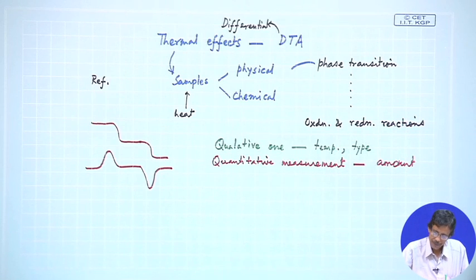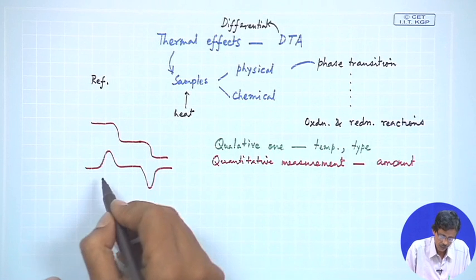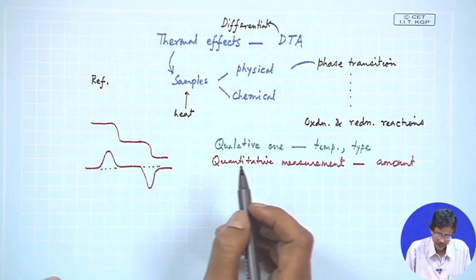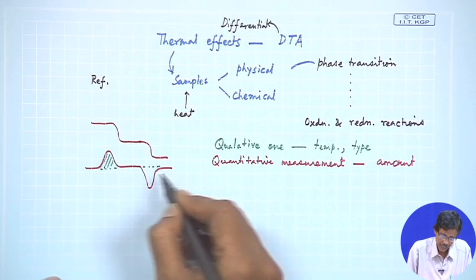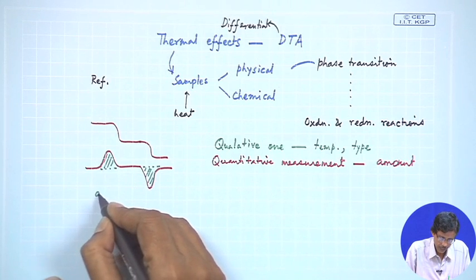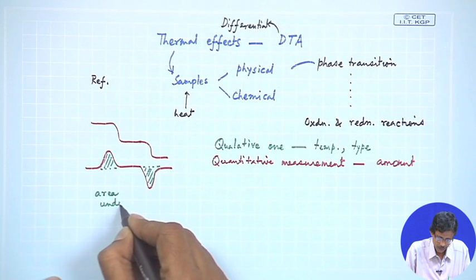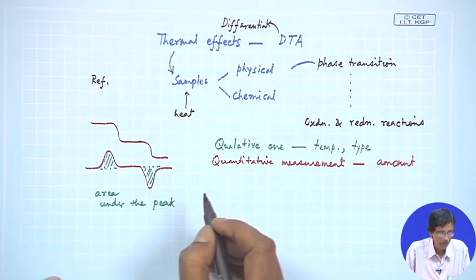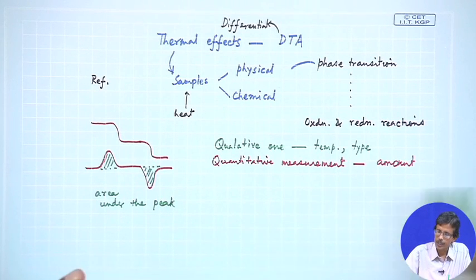So, what we can see here is the area under the curve, because the mass loss is not related to mass loss, it is the corresponding effect, the temperature effect relative to that of your reference. So, this area, particularly this area under the curve or area under the peak, because always we know if there is any peak, the peak area is always very much important to monitor.